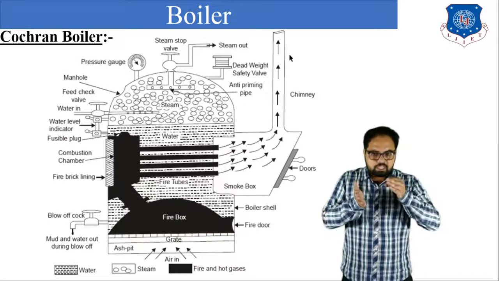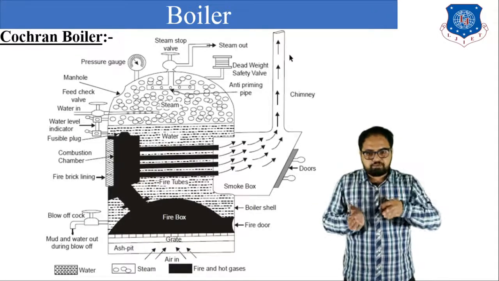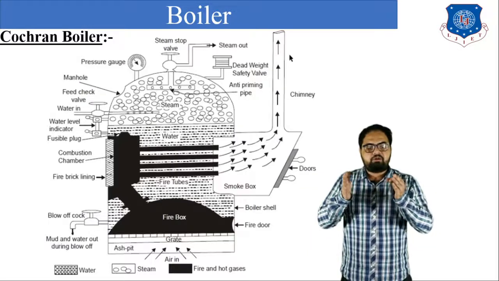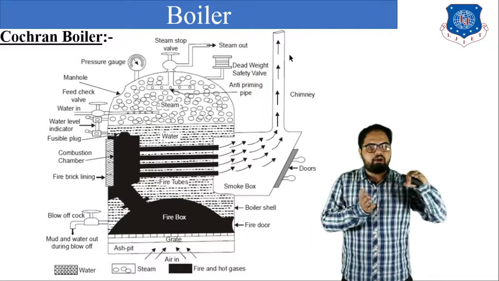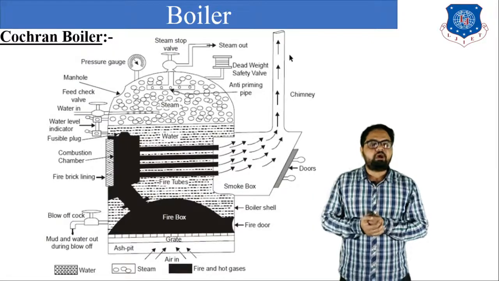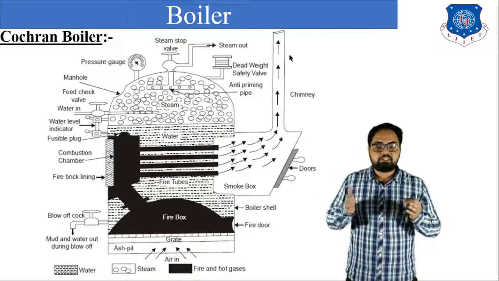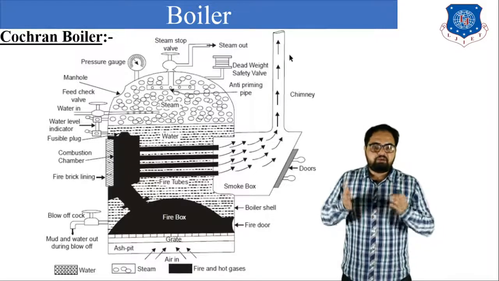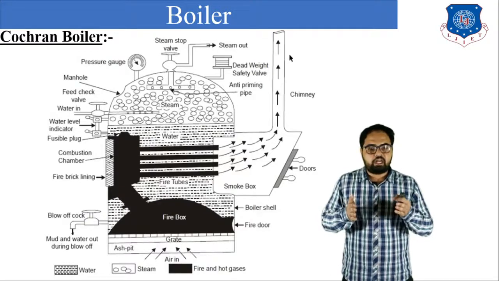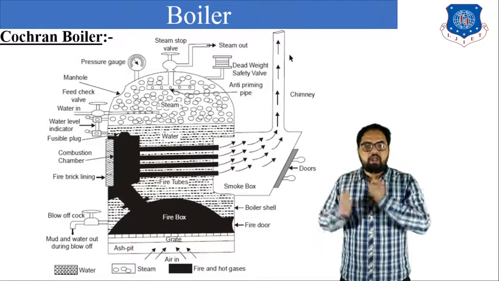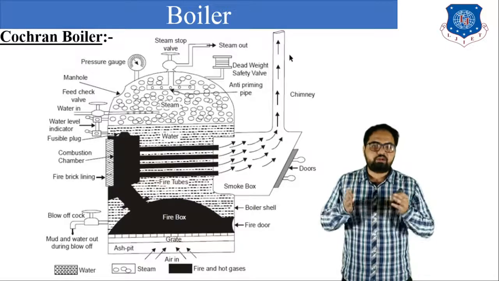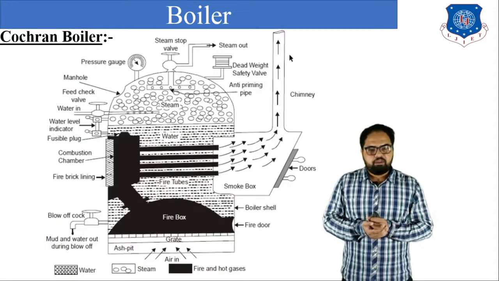The firebox is connected to the combustion chamber with a short flue pipe, and the combustion chamber consists of a number of fire tubes. One end of the combustion chamber is covered with fire brick lining. The reason is that the fire brick lining, or refractory bricks, reduces heat loss from the boiler to the atmosphere, so maximum heat energy can be utilized to convert water into steam.